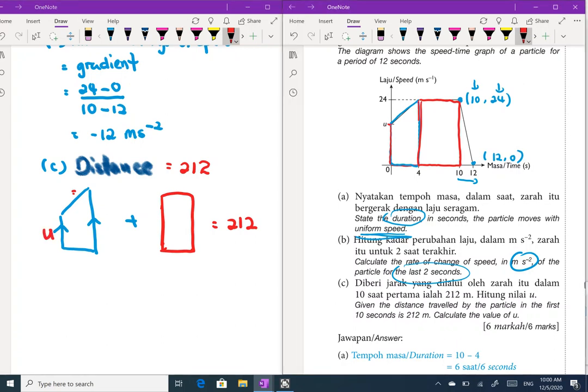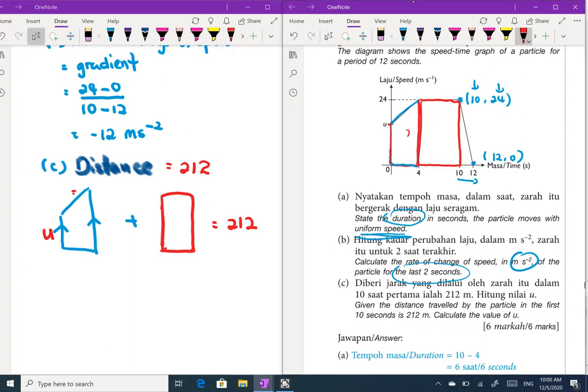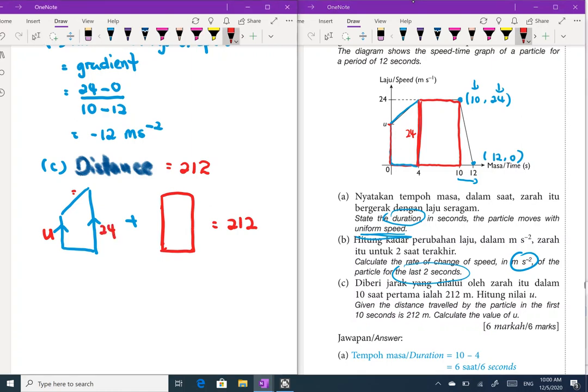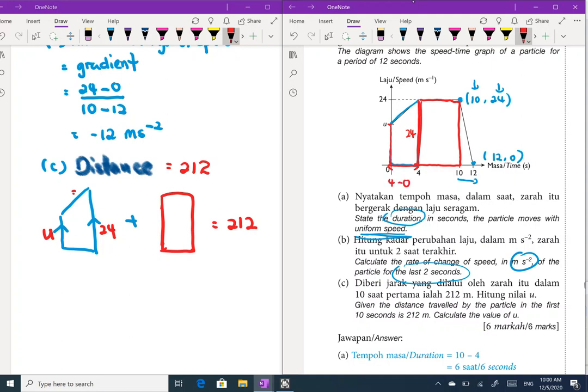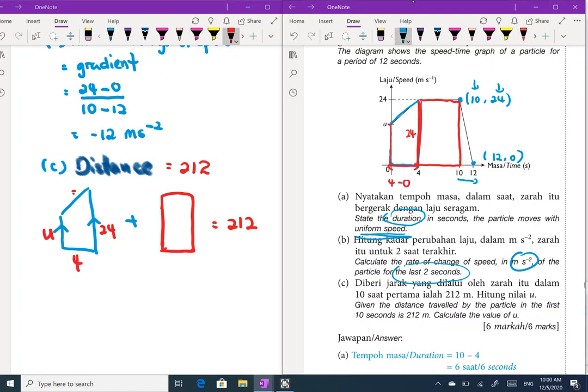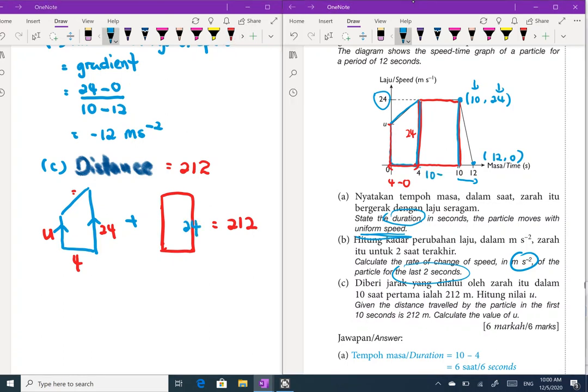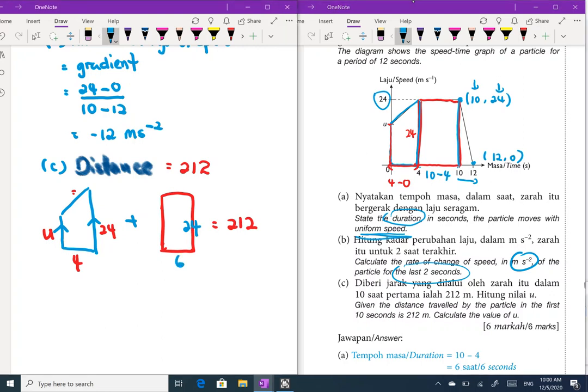The length for this part is 24. So the length for this side is 4 minus 0 equal to 4. Now I determine the rectangle. So this side is 24. And this side is 10 minus 4 equal to 6.